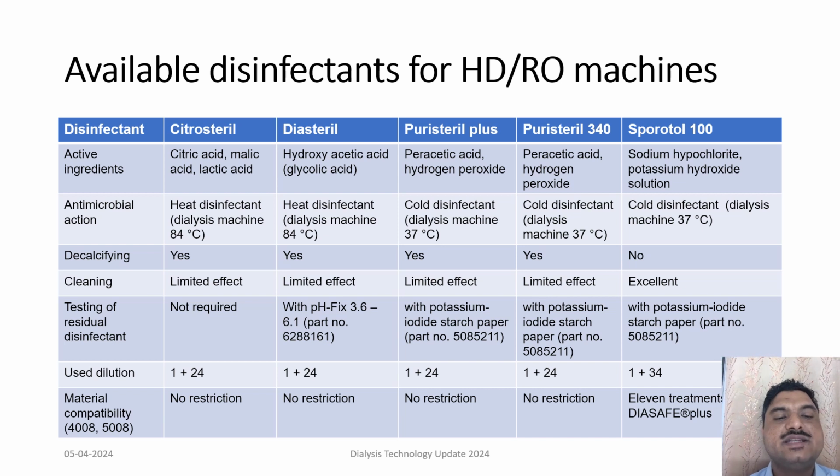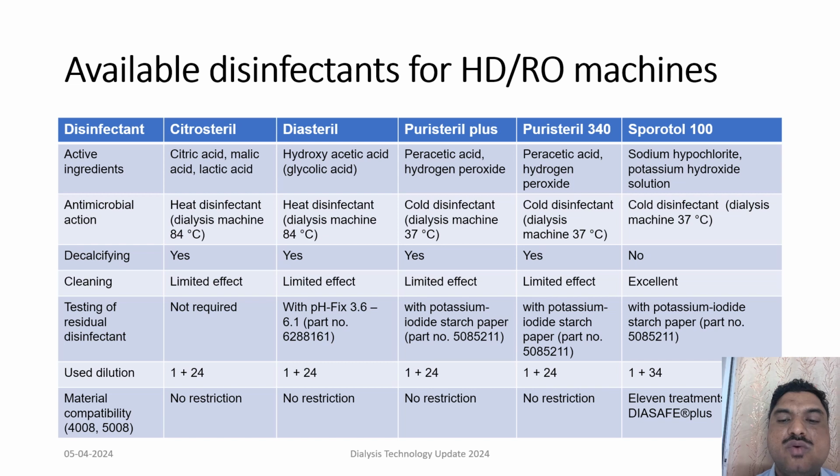Citrosteril contains citric acid, malic acid and lactic acid, which can be applied as a heat disinfection, and they also have additional decalcifying action, though cleaning action is limited, and there is no restriction on material compatibility. Diasteril is a hydroxyacetic acid or glycolic acid, which is again useful in heat disinfection and has a decalcifying action also.